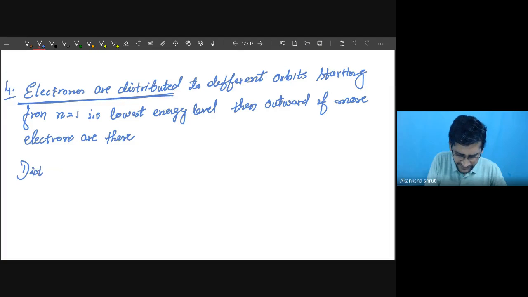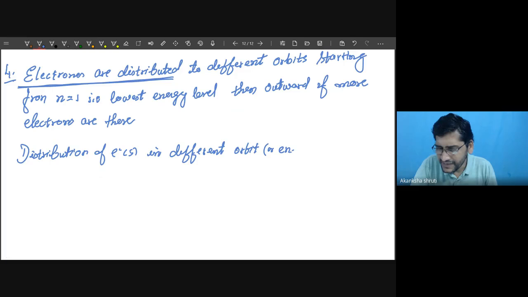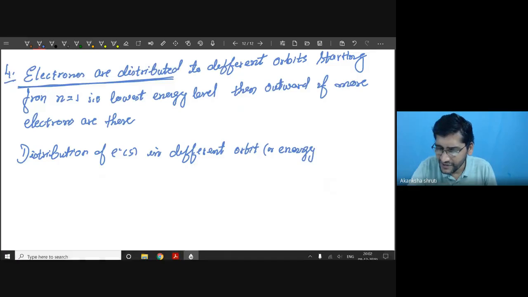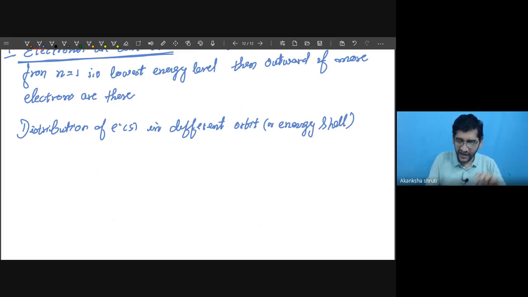Distribution of electrons in different orbits or energy shells, whatever term you want to use, that doesn't make any difference, around the nucleus inside an atom is called electronic configuration.